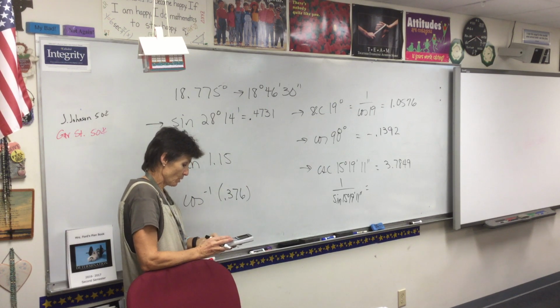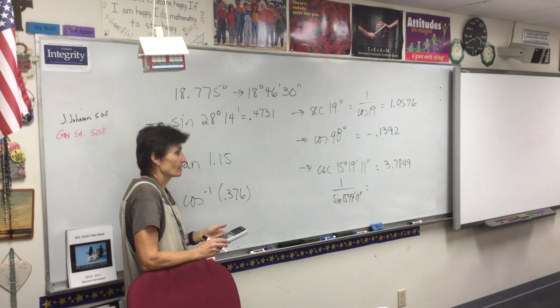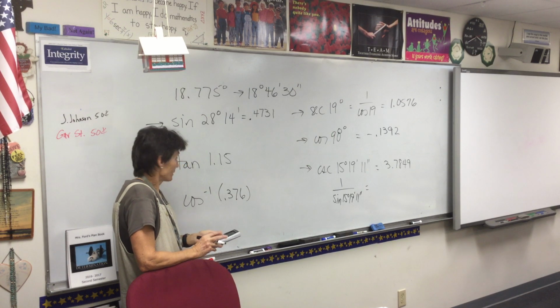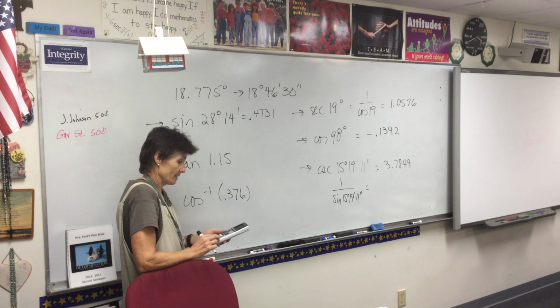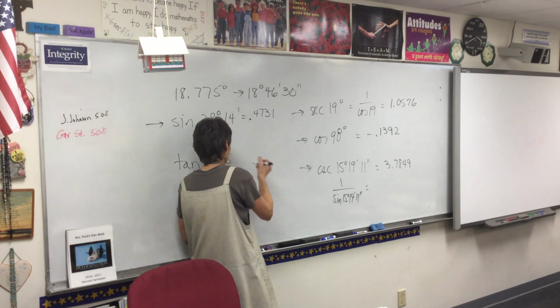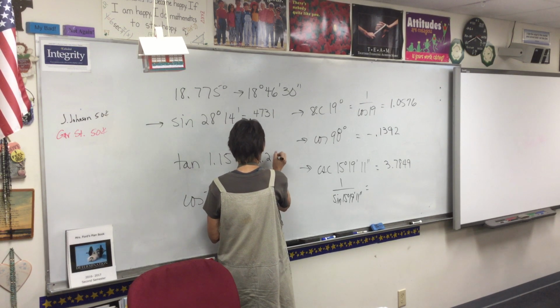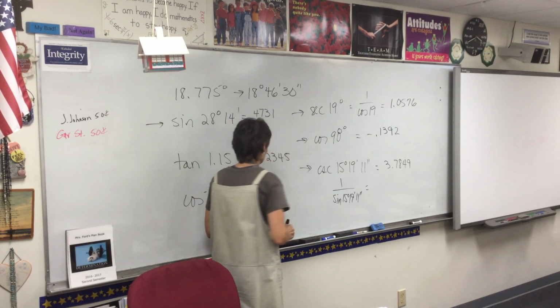Okay, so now we'll go to mode and change our calculator into radians. And then we're going to type tan 1.15. That's easy, just type tan 1.15. And it's 2.2345.